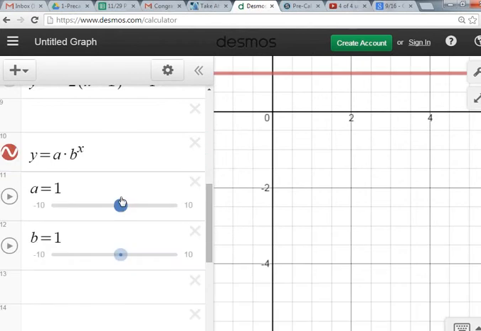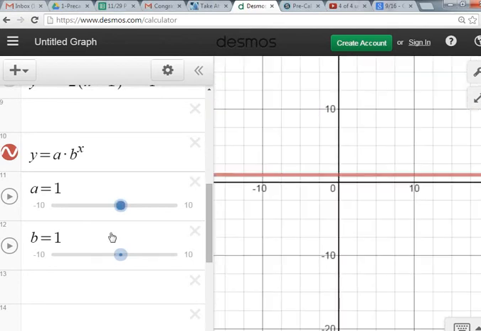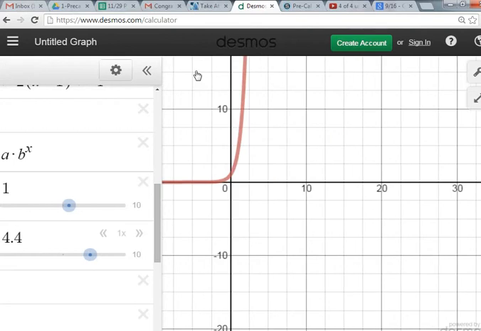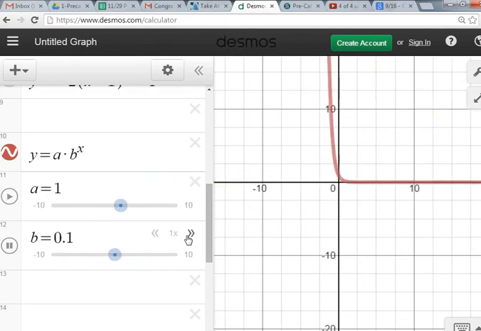What happens if b is greater than 1? Here we go. Let's watch it move. It's too slow. Okay, remember b has to be what now? Has to be positive, right? Or else it doesn't exist?